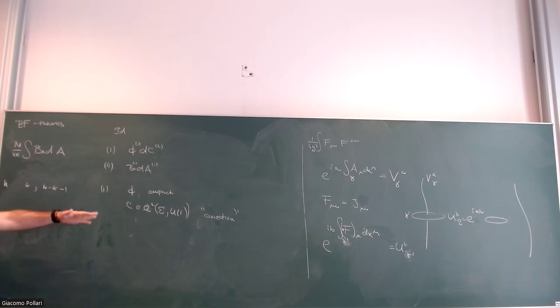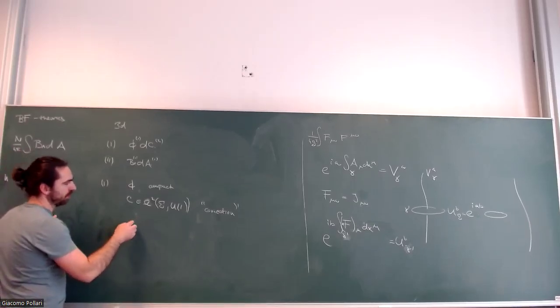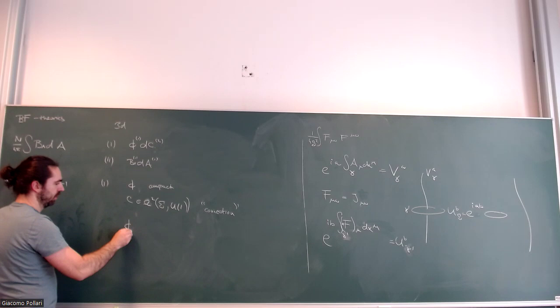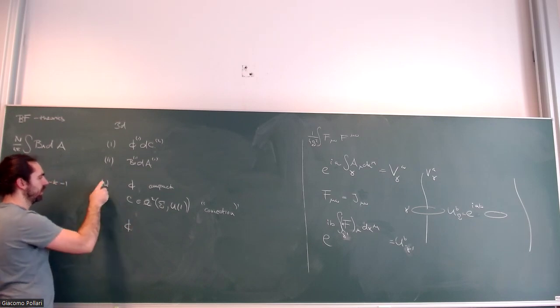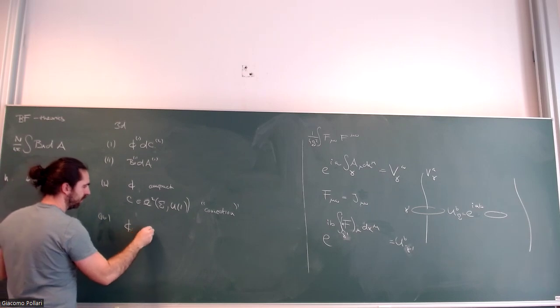They're not really connections. They're two-forms, but they have a one-form gauge symmetry, so they're connections. Or they can both be valued in the reals. So this is one A and one B, which can be compact or real.